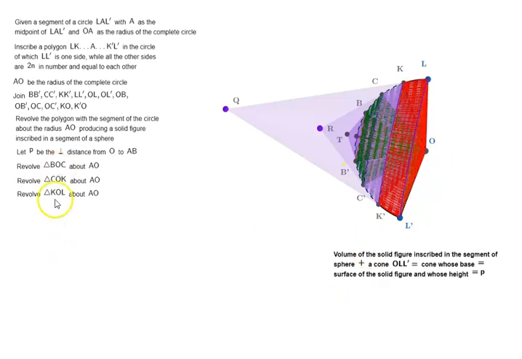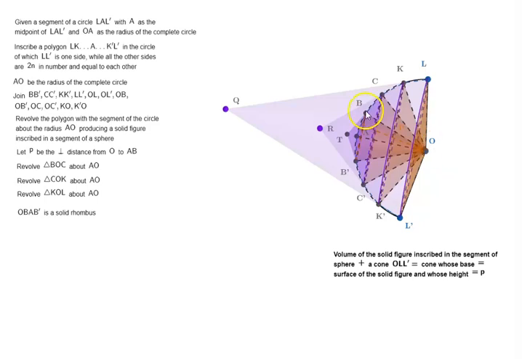Again, you got the idea of when we revolve these triangles, what we get. O, B, A, B prime is a double cone, or what Archimedes calls a solid rhombus. And here, what are the two cones which form the solid rhombus?